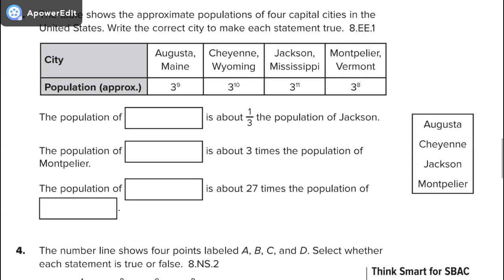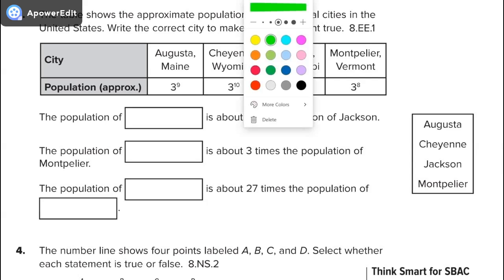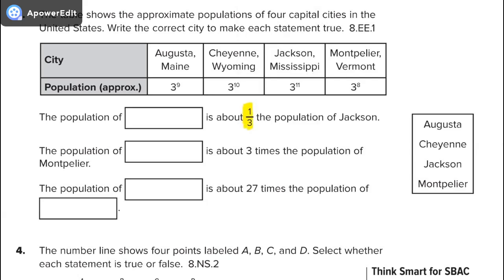So the first statement is the population of something is about 1/3 the population of Jackson. The 1/3 here gives me an idea about the ratio, to talk about the ratio of two cities' population. There's some city that we don't know which one, over the population of Jackson.